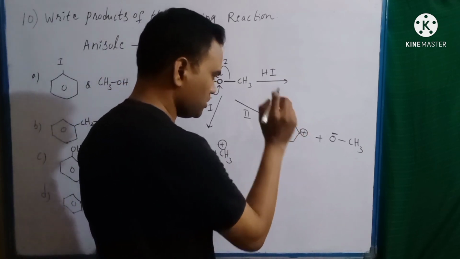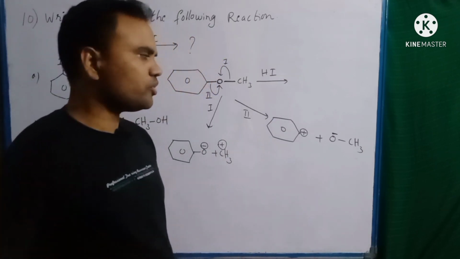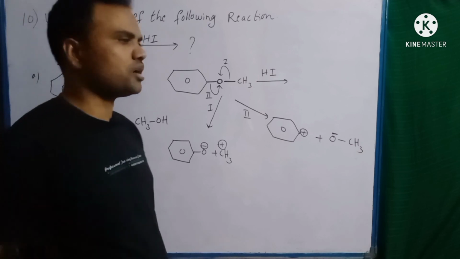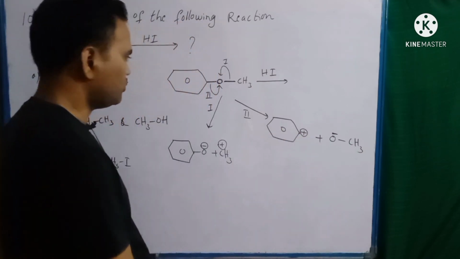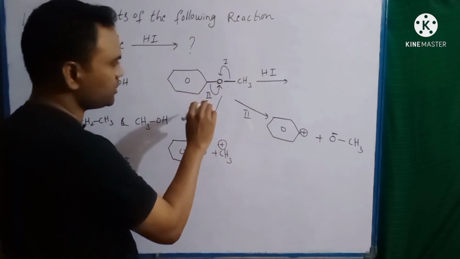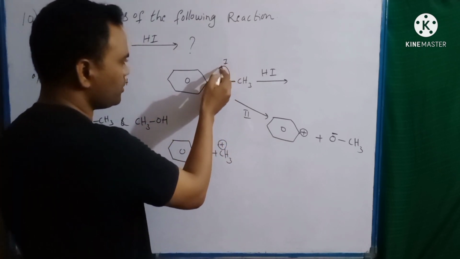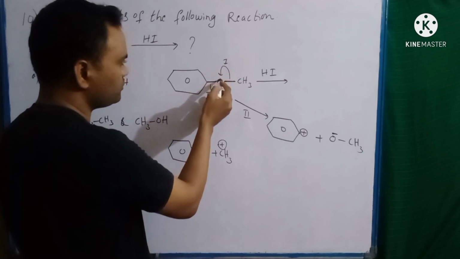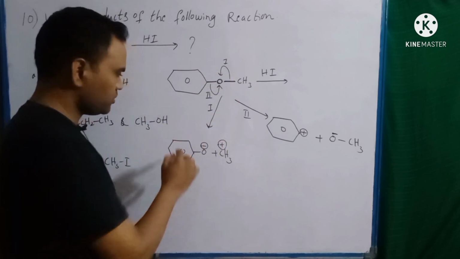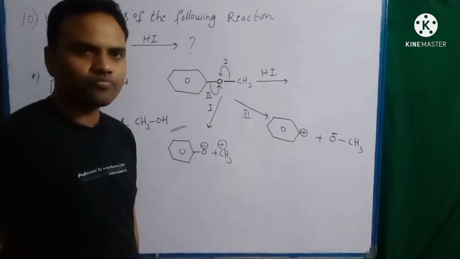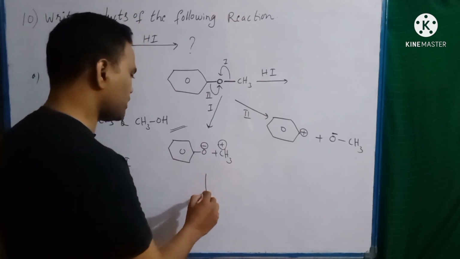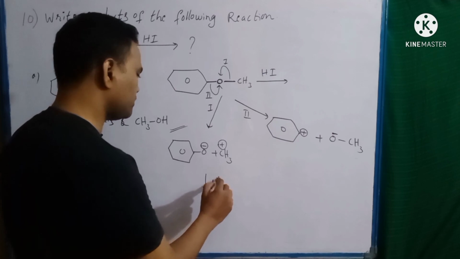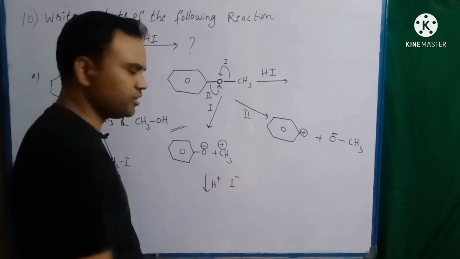See, positive charge on the aromatic carbon is not favorable. Yes or no? It is very unstable. So this type of shifting is correct. Which one? Shifting of bond towards oxygen. This first one is correct. So these two are the intermediates, and in the next step HI will attack, H plus and I minus.